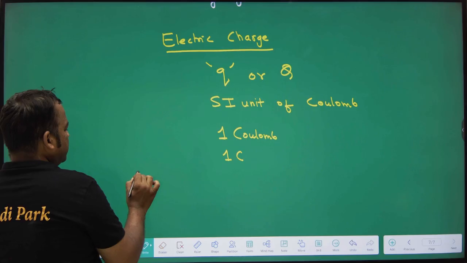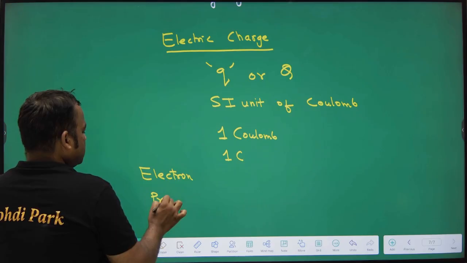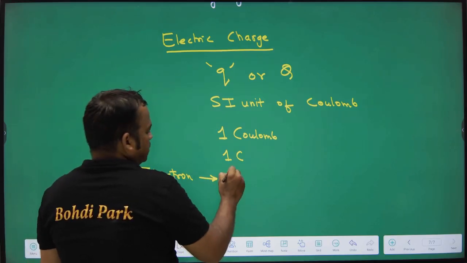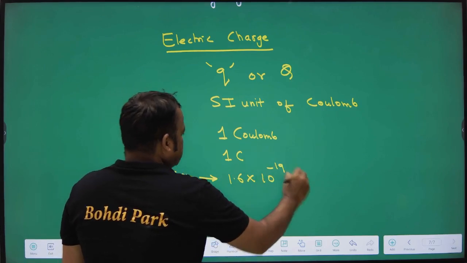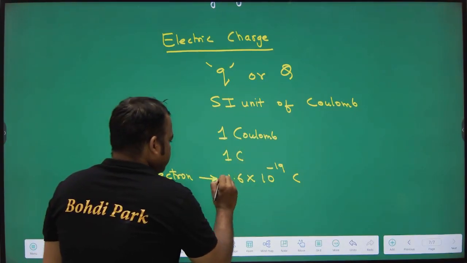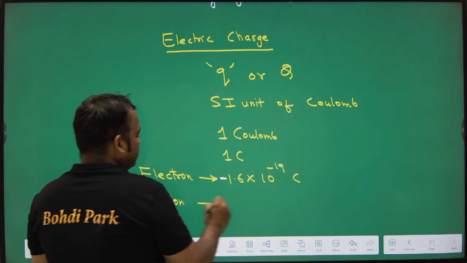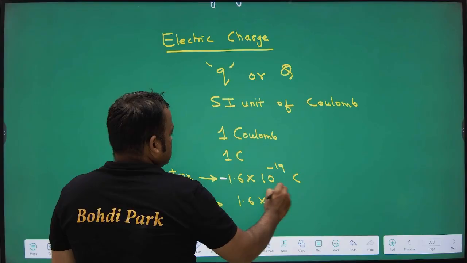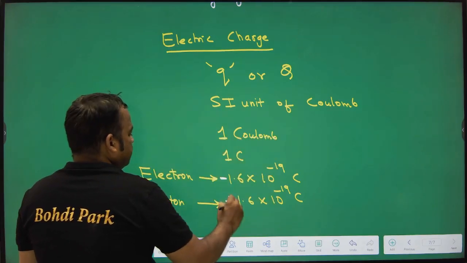Now let's go back to electron and proton. The charge on an electron is 1.6 into 10 raised to minus 19 coulomb with a negative sign. We consider the charge on an electron as negative, and the charge on a proton is 1.6 into 10 raised to minus 19 coulomb with a positive sign.